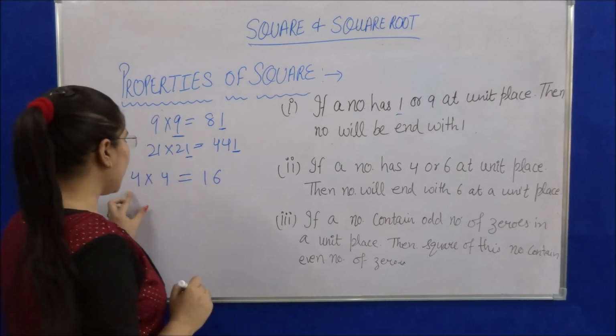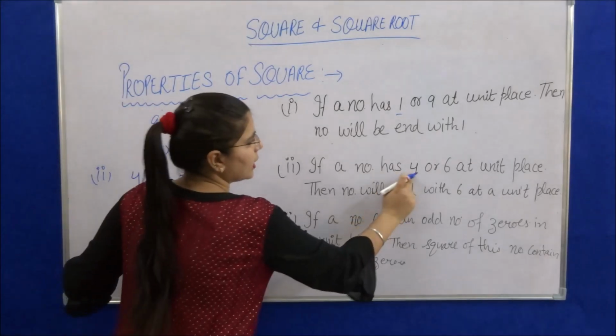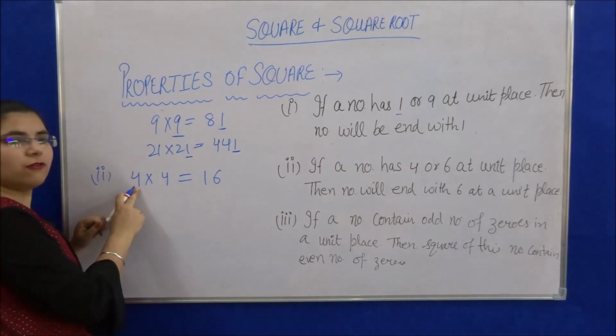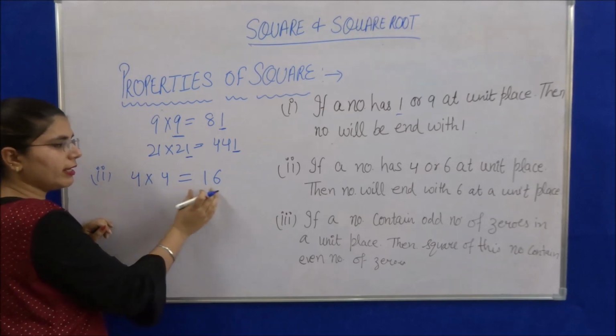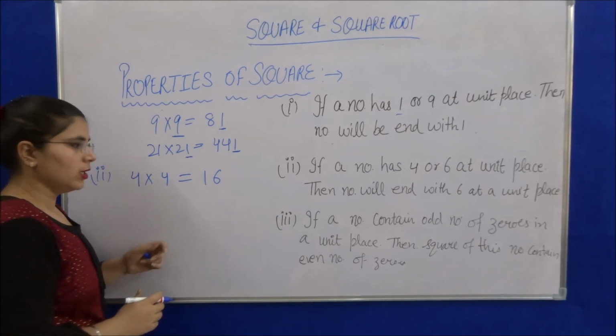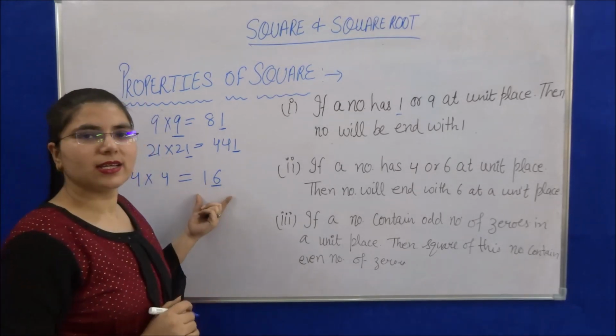So we have a number that is 4. So here at a unit place we have 4. So when this number is multiplied by itself, we get 16 as a product. Now in this number at a unit place we have 6.